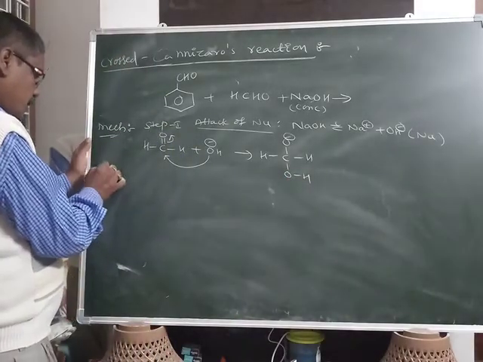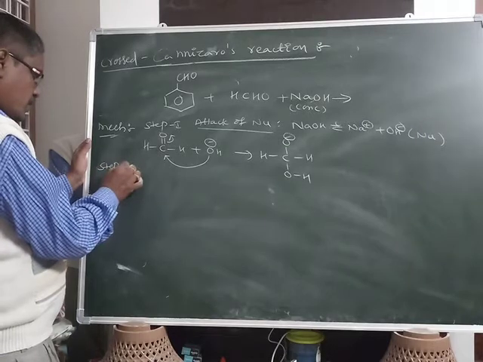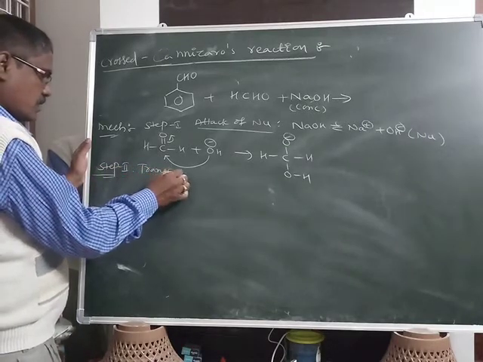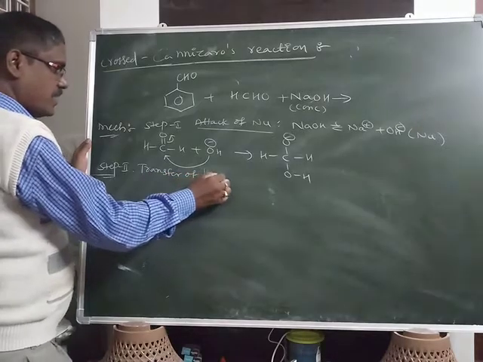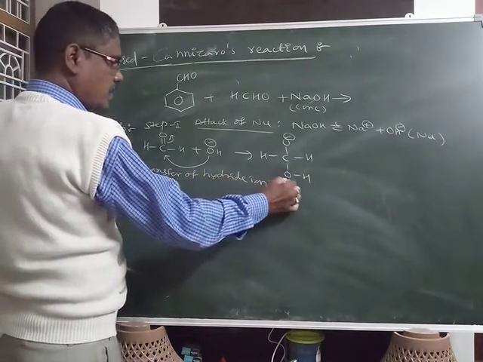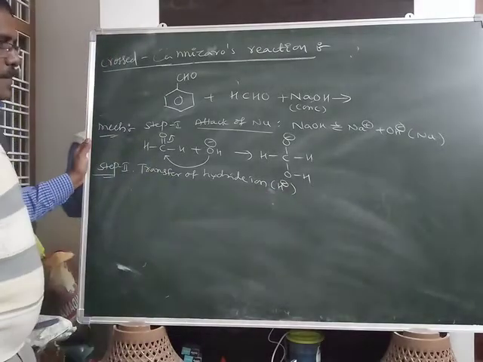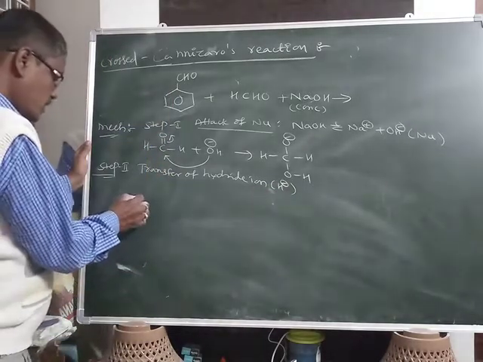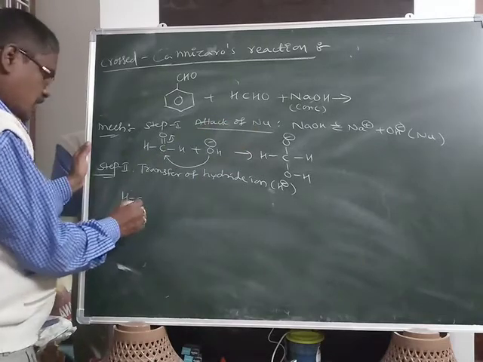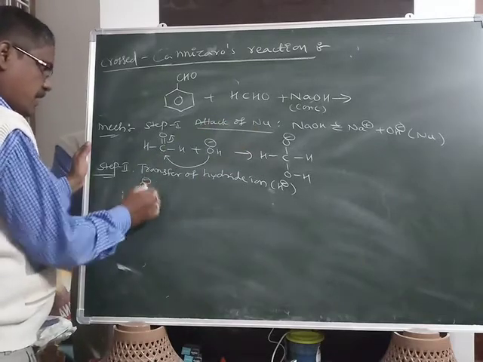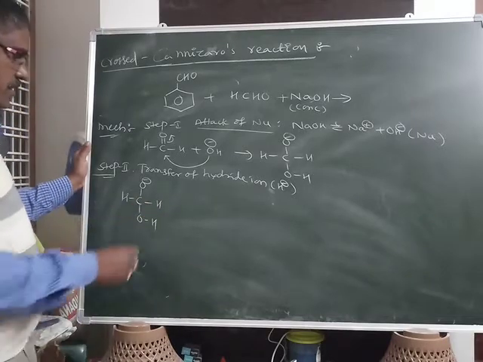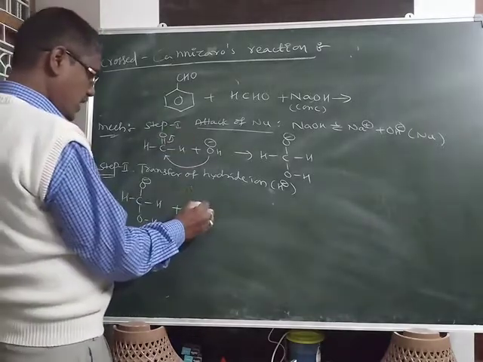Step 2 is transfer of hydride ion, H minus. This is the intermediate product formed in the first step. Now it reacts with benzaldehyde.